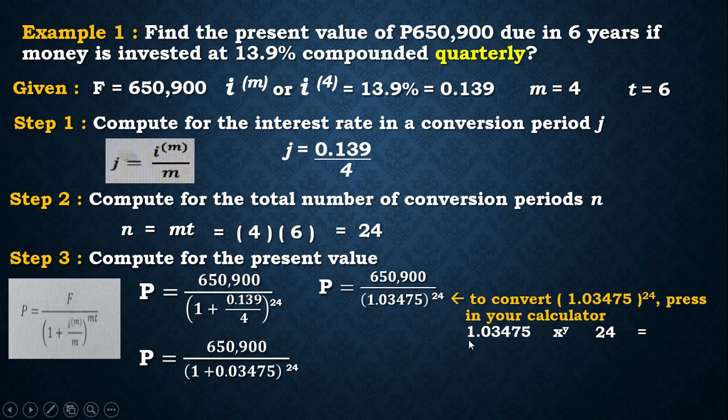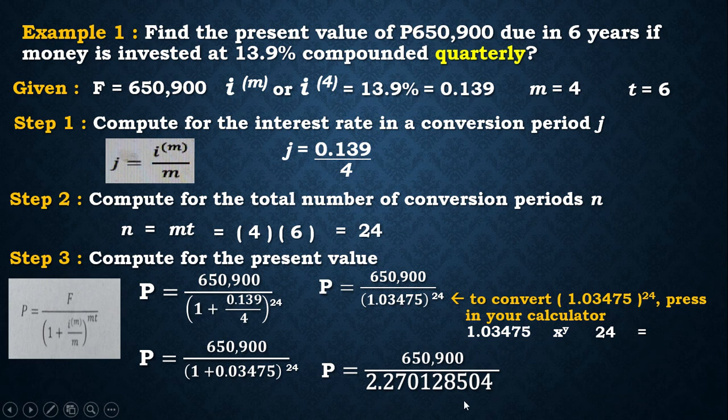Ngayon, kapag ito po ay napindot natin, lahat ito, itong part na to ay magbabago. Okay? Yan ay magiging 2.270128504. Again, paano nakuha ito? Ito po ang mga pinundot natin sa calculator para i-convert po natin ito. 1.03475, tapos ito pong symbol na to, sumunod po ay ang 24 na exponent, tapos yung equal sign, ito po ang lumabas.